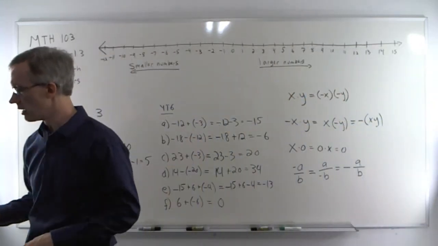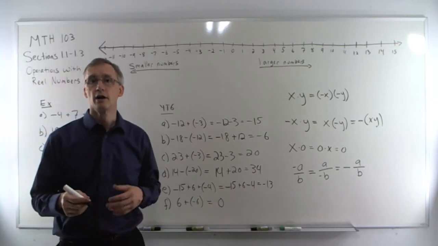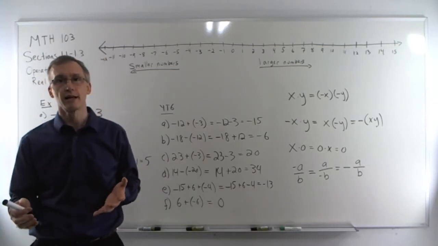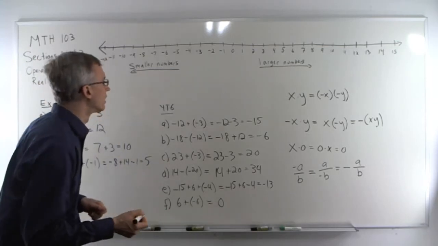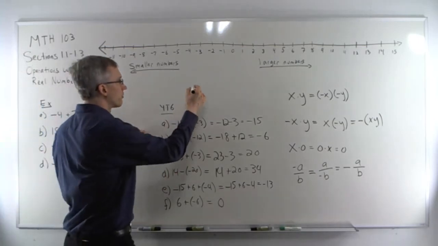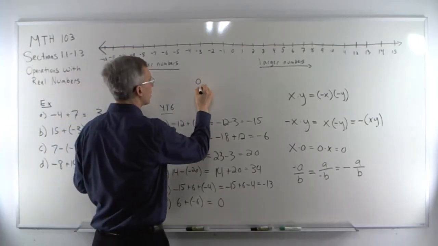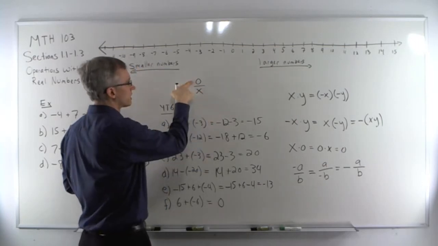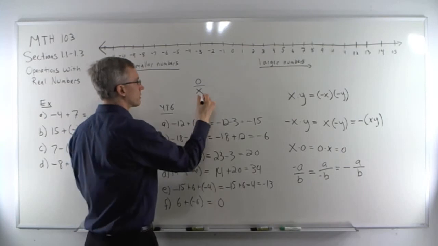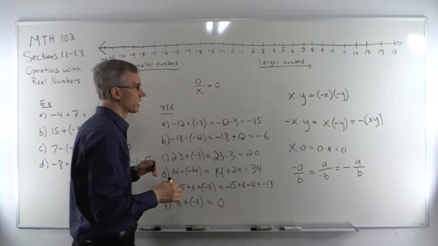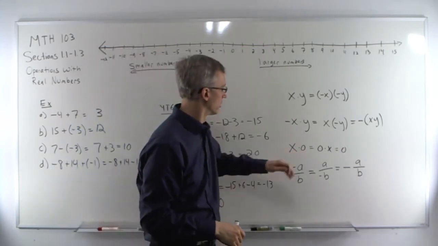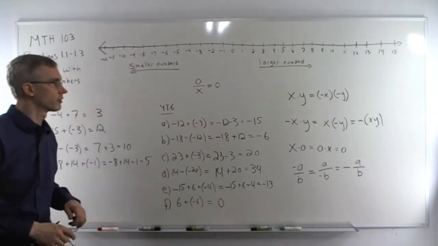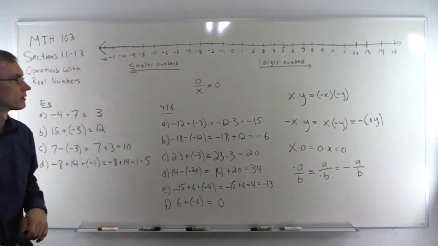These all mean exactly the same thing. And the division involving 0, another one where I see a lot of mistakes. Keep in mind that when we take 0 divided by a number, that's always going to be 0. Just like multiplying any number by 0 is 0.